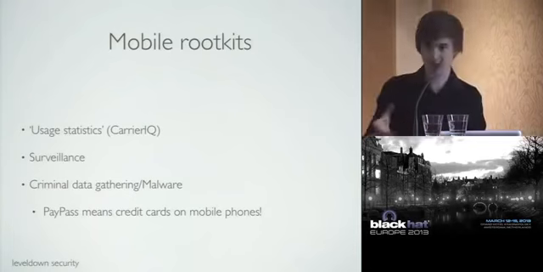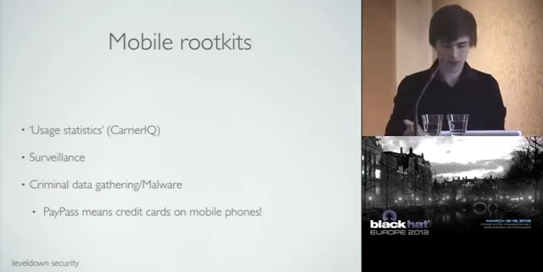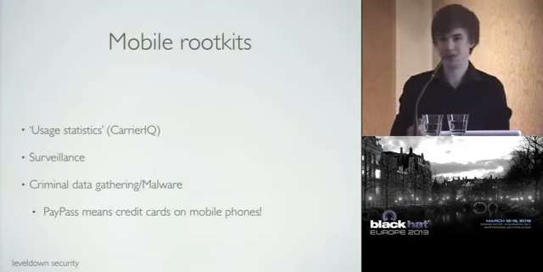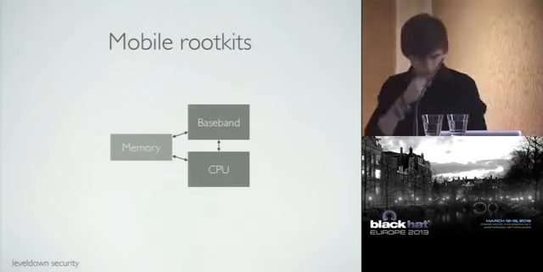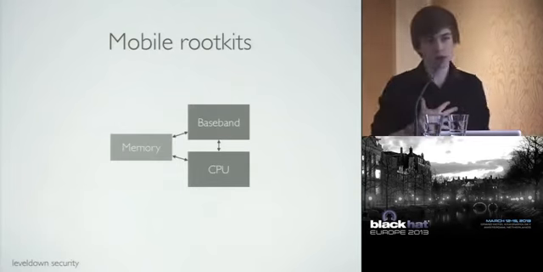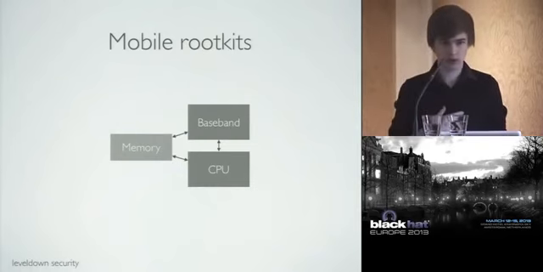If you have your credit card on your phone with NFC, I think there are a lot of people interested in stealing the paper secret from your secure element. From my point of view, there are two interesting targets for rootkits on mobile devices.